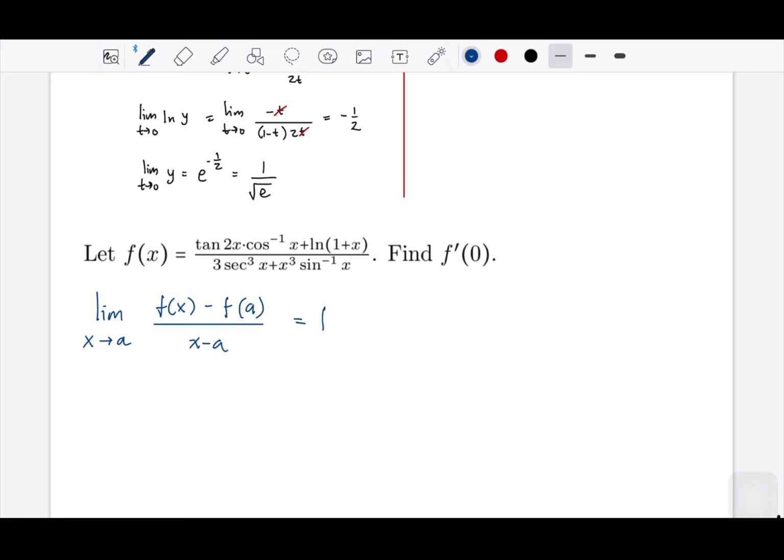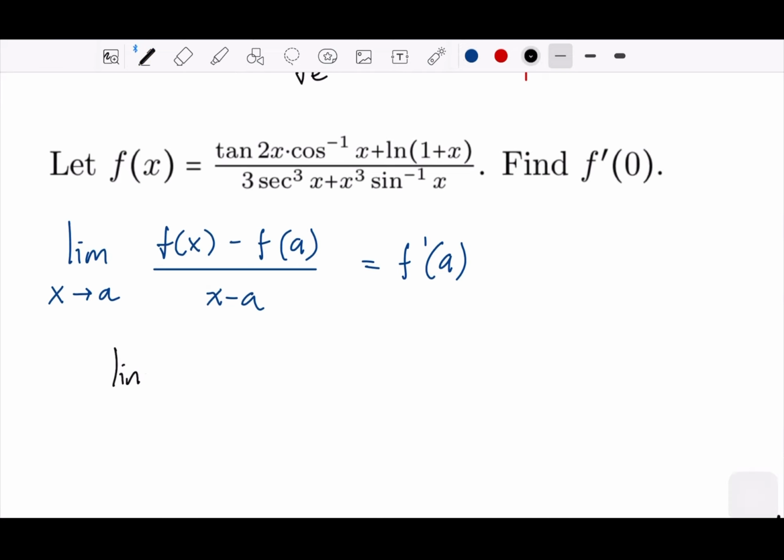This is equal to f prime a, right? So if we would like to have f prime 0, then we need to change a into 0. Okay. So that's the first thing we could write. So let me write f prime 0 is equal to the limit as x approaches 0.